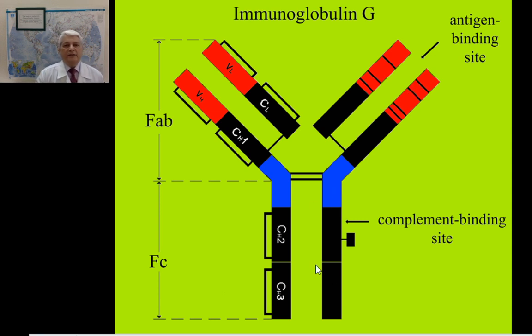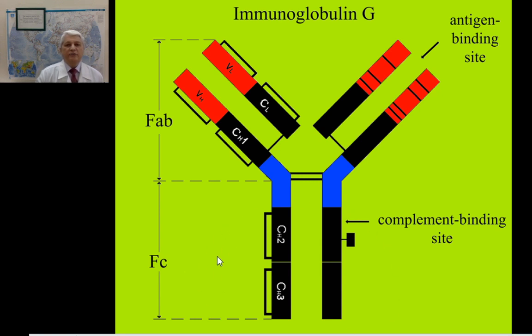The third part we call FC part. Why FC? There are two explanations. First is fragment constant. It is understandable because it consists of only constant domains, and second explanation is fragment crystalline. Why crystalline?